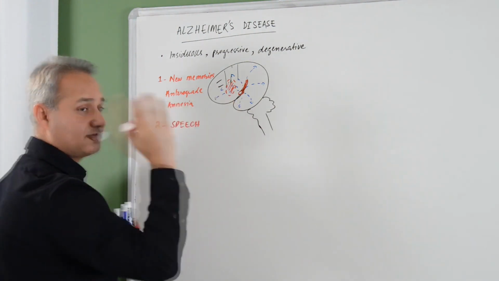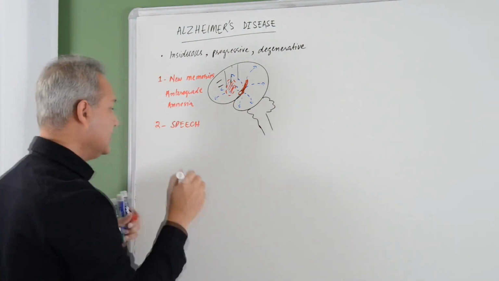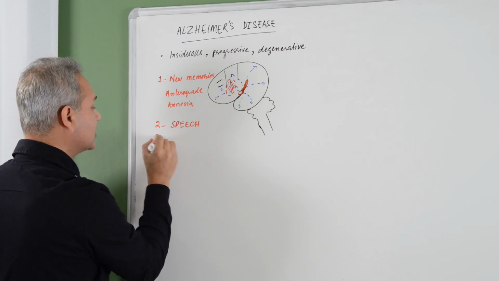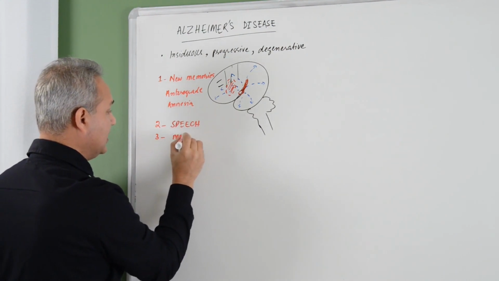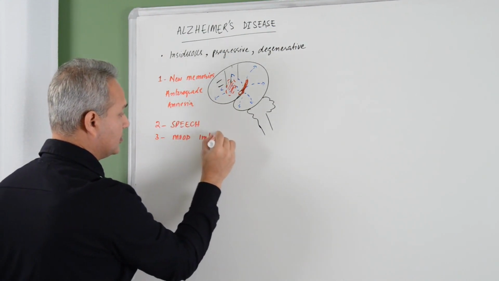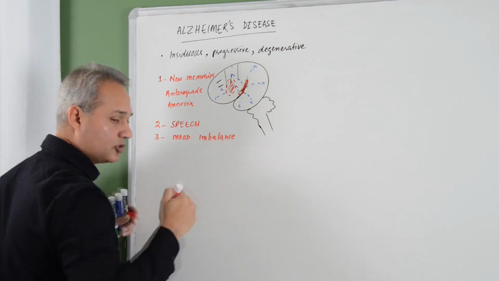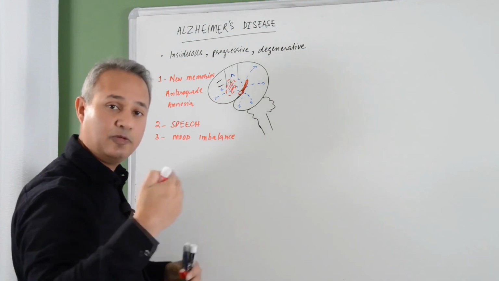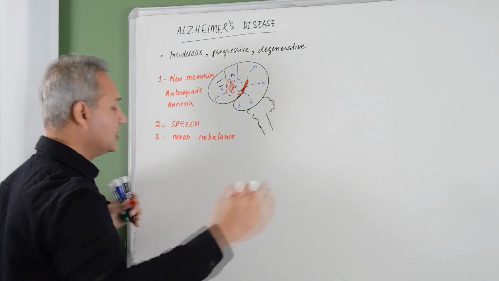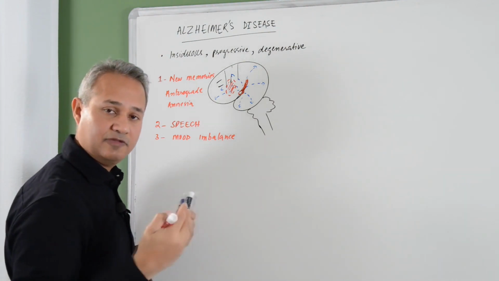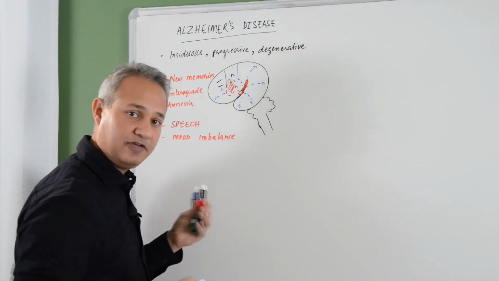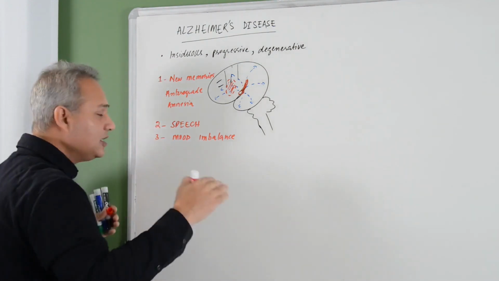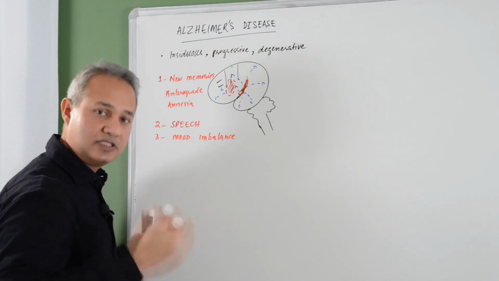If you keep going towards the frontal lobe, that is more devastating, then you would see that the mood swings would come in, mood imbalance would come in. So now you're observing a patient, and he started with the memory problems, making new memory problems, and then you saw that the patient is now having problems with speaking, or he's developing aphasias of various kinds. Then you saw that the patient's mood is imbalanced.